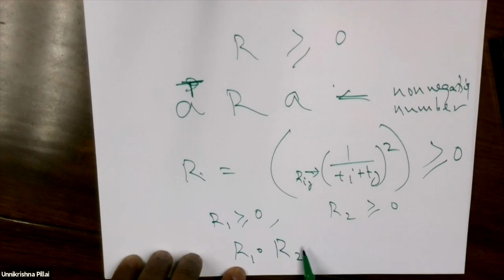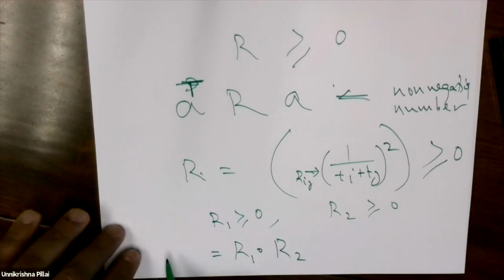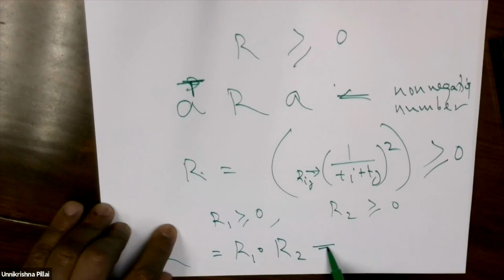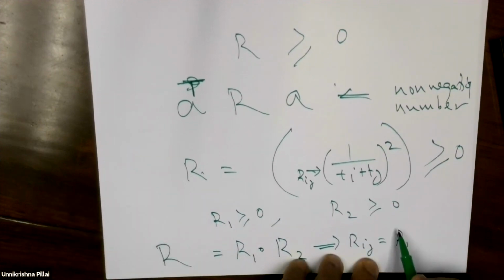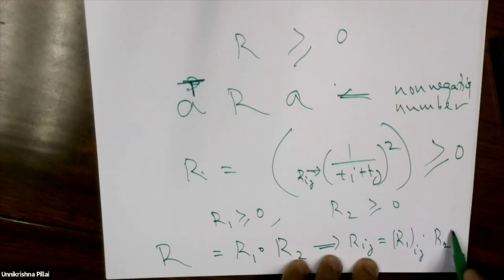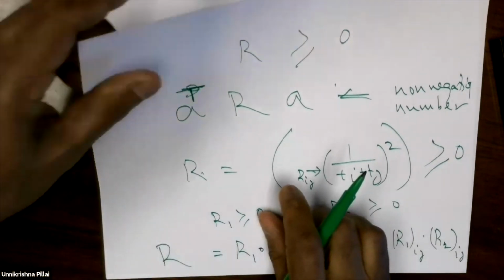So I'm going to do a different multiplication. This means you create a matrix whose ijth element is the ijth element of R1 multiplied by the ijth element of R2. Anybody know what type of matrix multiplication this is?